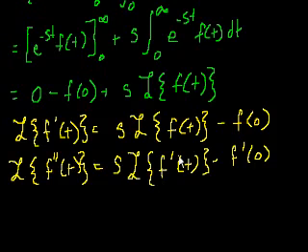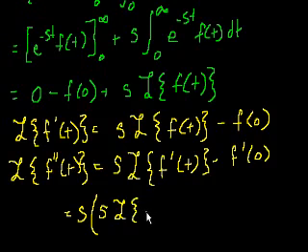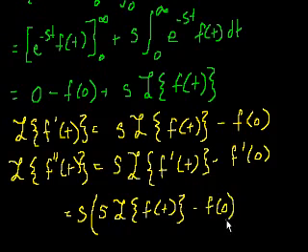But then what's the Laplace transform of this? This is going to be equal to s times the Laplace transform of f prime of t, but what's that? That's this, right? That's s times the Laplace transform of f of t minus f of 0.